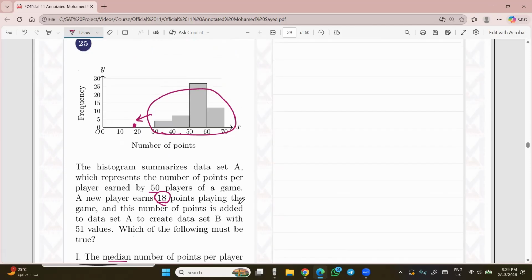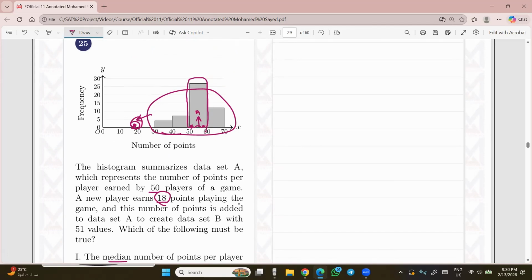But what about the median? The median, if you have this column, which is a very big column, will not be affected if you add a number here. It will not make any change. For example, the median is something between 50 and 60. Okay, let's make it, for example, 55. What happens if you add this number? This will move a little bit, a smaller step to the left.